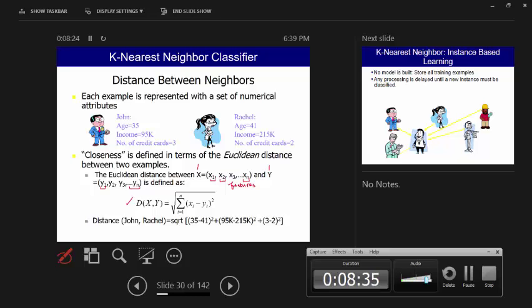N number of features. When we compare two people, x and y, we need to take one feature from each. If it is age, for example, so age of x, age of y, right?